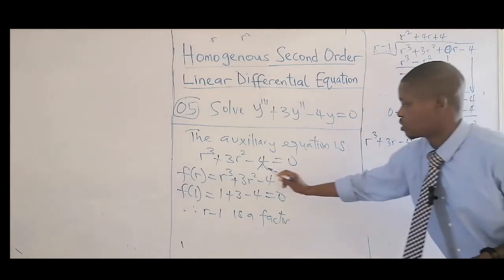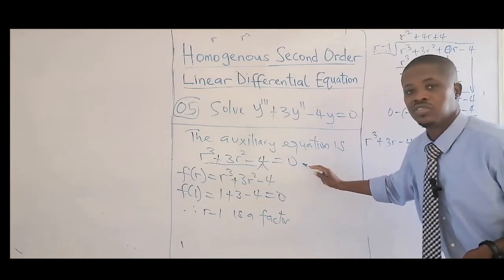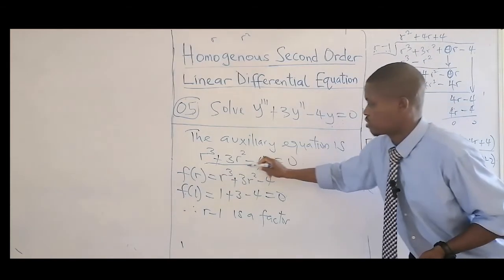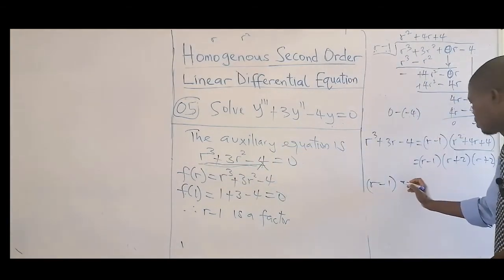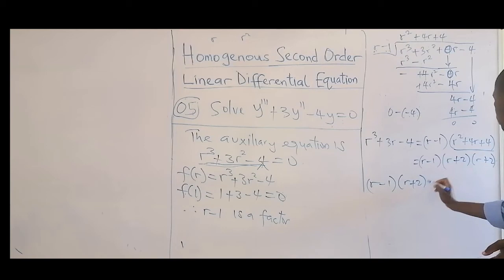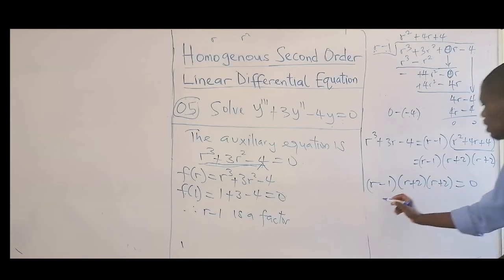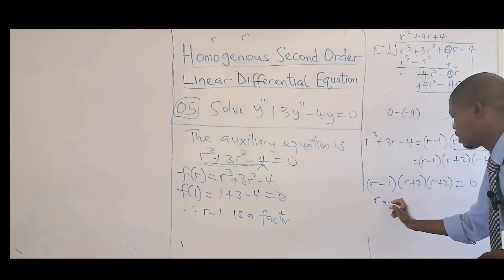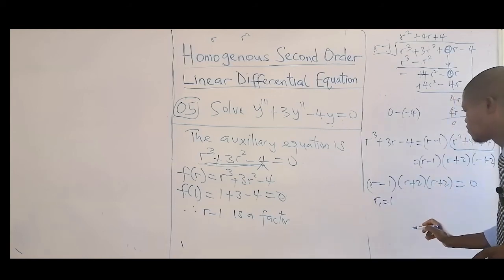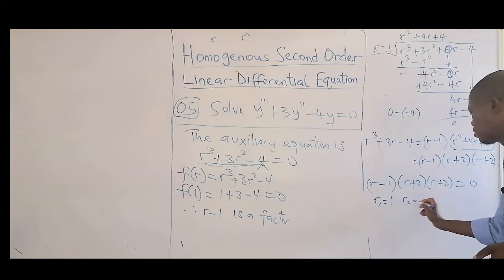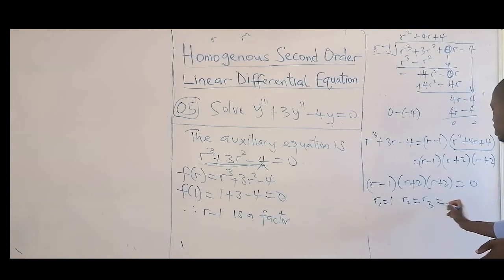Don't forget, this equals 0, and we have gotten the factorization for this expression, which is (r minus 1)(r + 2)(r + 2) equal to 0. So r1 is 1, then r2 is equal to r3, and they're both minus 2.